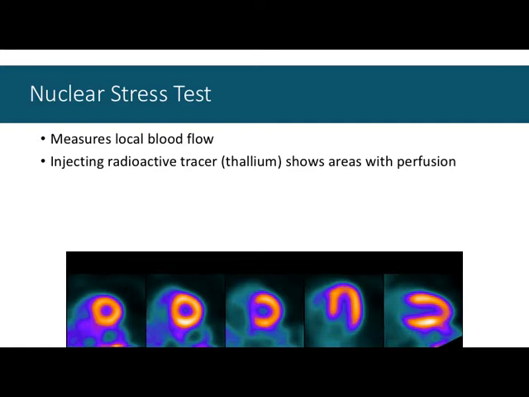This is probably a fluoroscope, but it can measure in general the area of the heart and the regions of the heart with blood flow.